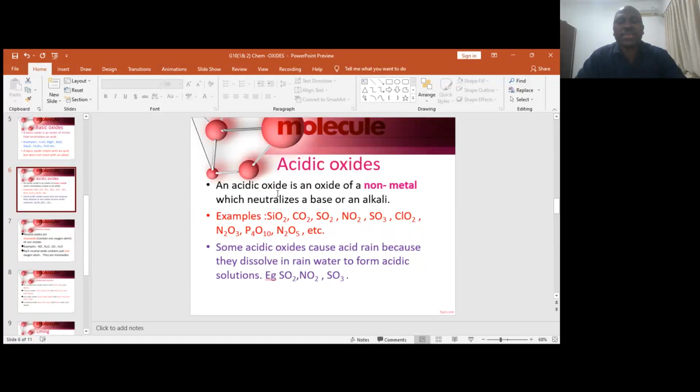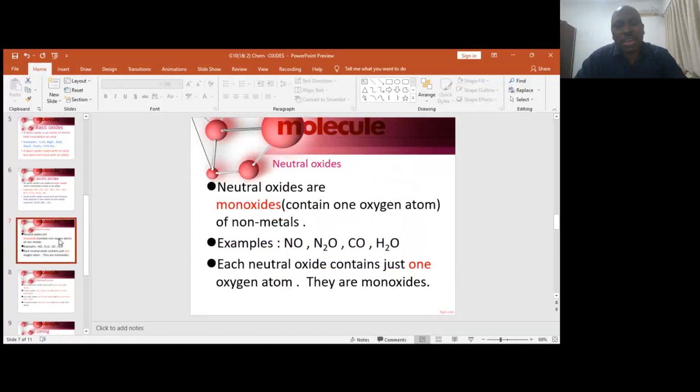So these ones are acidic oxides. Next, we have neutral oxides. Neutral oxides are also non-metallic oxides, but they are monoxides. Mono means one. So if you check all these oxides, they are all oxides of non-metals, but each one contains one oxygen, that is monoxide.